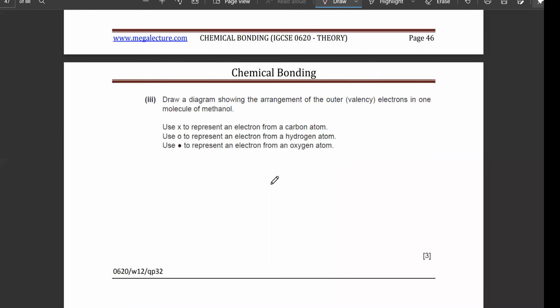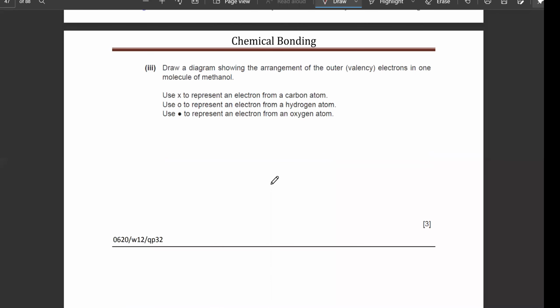Now the next one. They're asking you to draw the dot and cross diagram for a methanol molecule. Obviously you don't know methanol yet, but I'm going to write the formula of methanol, which is CH3OH. Is it covalent or ionic? Sir, covalent.